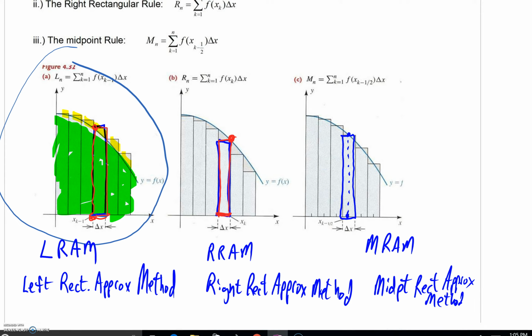Now, as soon as we're talking about how tall you're going, you could say, well, wow, that's a y value. Yes, that's a function value. It's a function value that's found by plugging in a right endpoint. And that would get us another approximation. Do you think this approximation would be too big or too small? Too small.